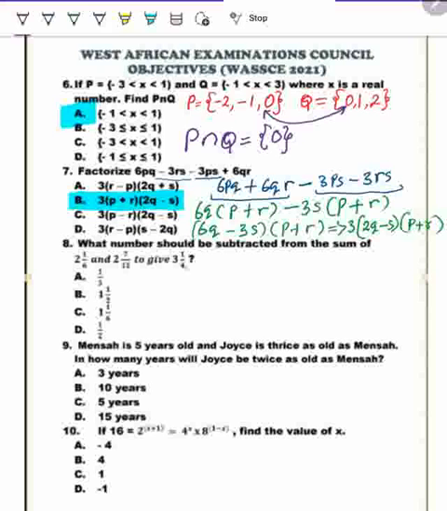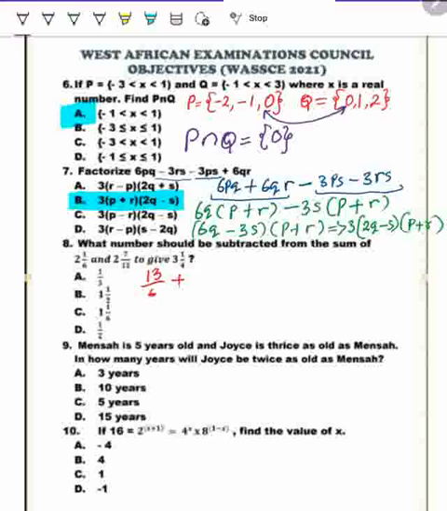If we subtract 3 whole number 1/4 from the sum of the first two numbers given, we are going to get that number. So we simply add this. 2 whole number 1/6 is the same thing as 2 times 6, which is 12, plus 1. I'm going to have 13/6 plus 2 whole number 7/12, which is the same thing as 2 times 12, 24, plus 7.